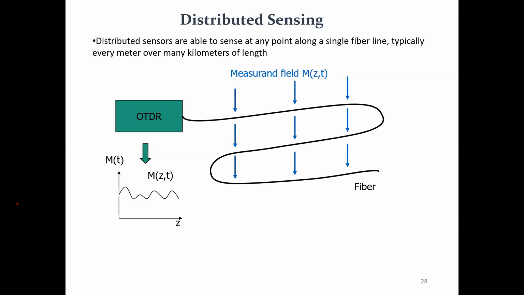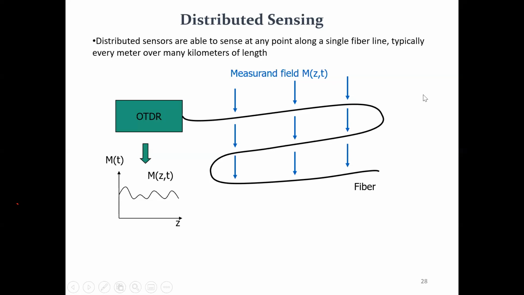Basically, in a distributed sensor, what we do is send light through an OTDR kind of instrument. It's called an optical time domain reflectometer. There are many kinds, like coherent optical time domain reflectometer or phase optical time domain reflectometer. With this we send the light, and when we send the light through the optical fiber, some portion of light will always be reflected due to the property of the optics.